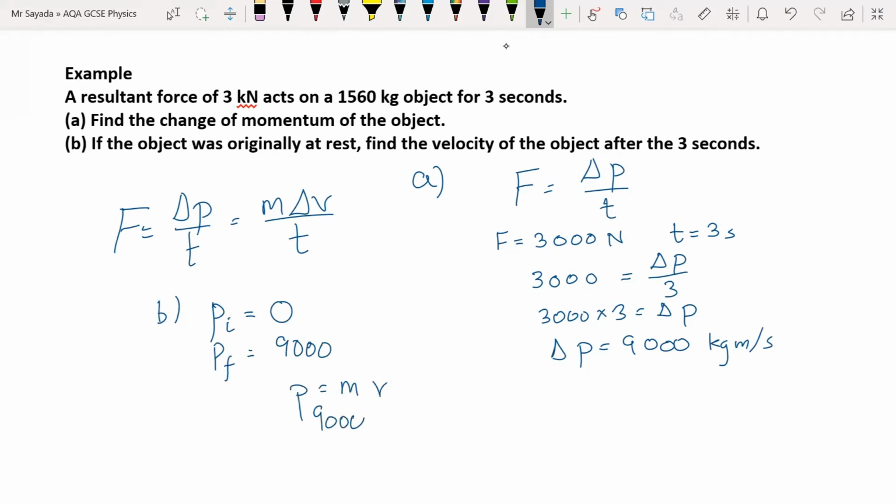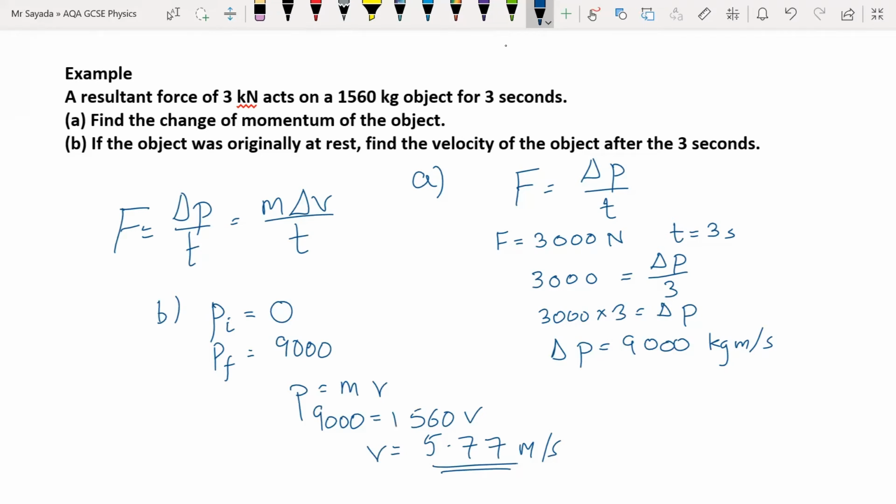The mass is 1,560, and the velocity is what we're trying to find. So the velocity will be 9,000 divided by 1,560, which is 5.77 meters per second. So the main novelty of this example was that we found change of momentum by using the resultant force and the time, which is something that you probably haven't done before.